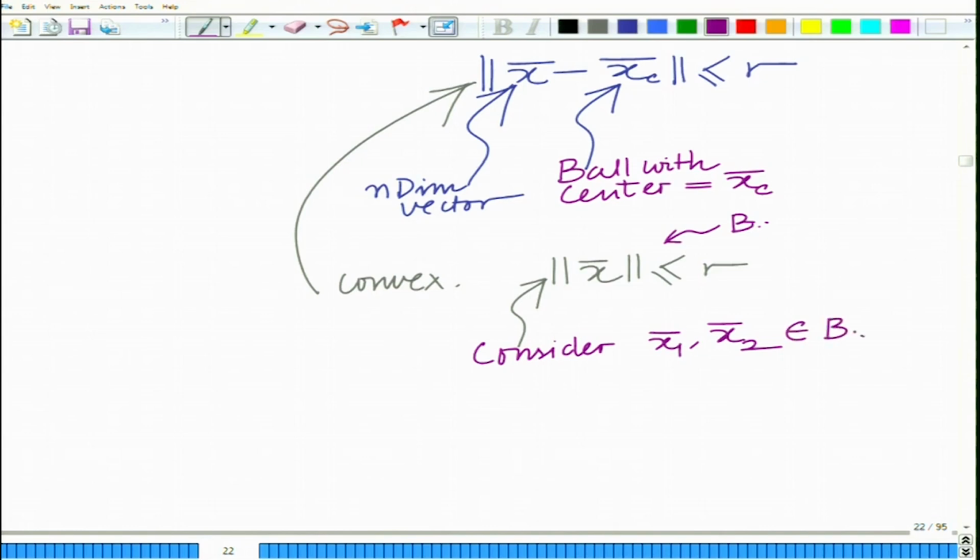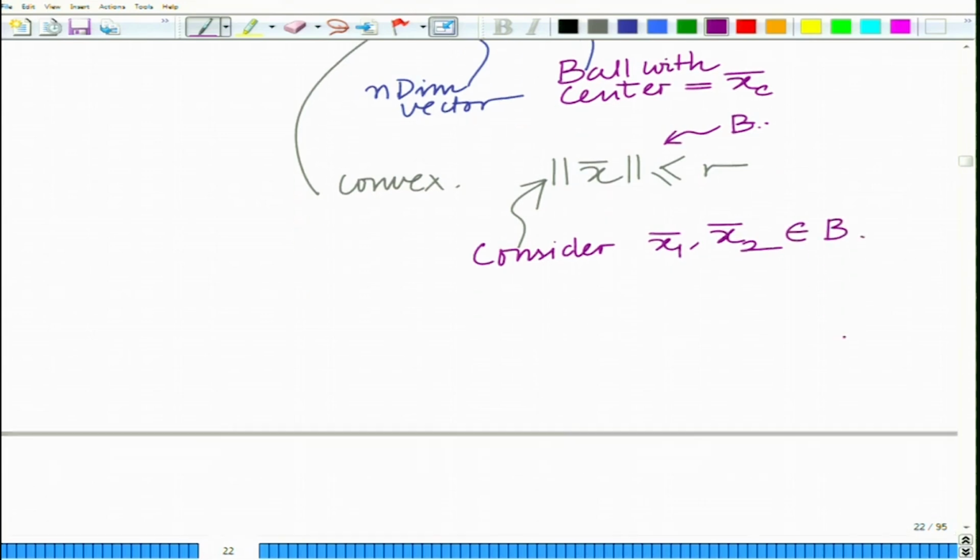Suppose x 1 bar, x 2 bar belong to B. Then by definition, since they belong to the interior of the ball, norm x 1 bar is less than equal to r, and norm x 2 bar is less than equal to r.